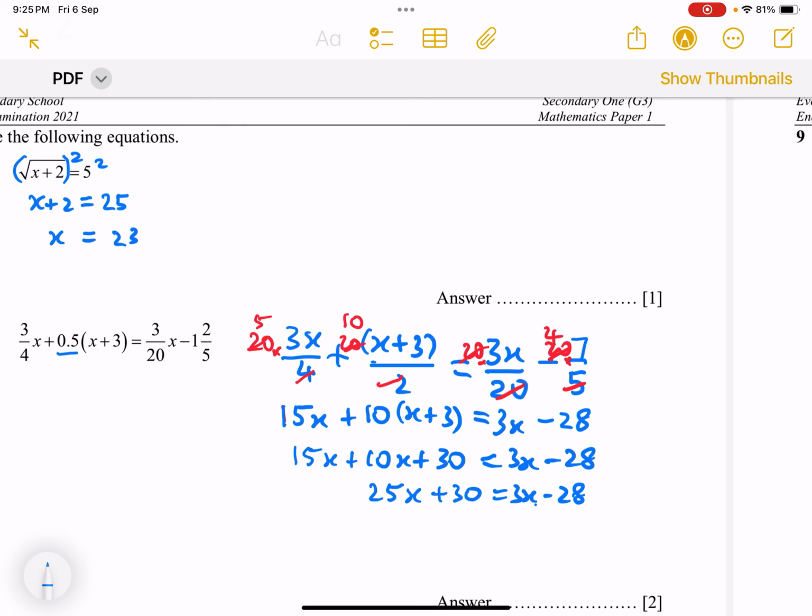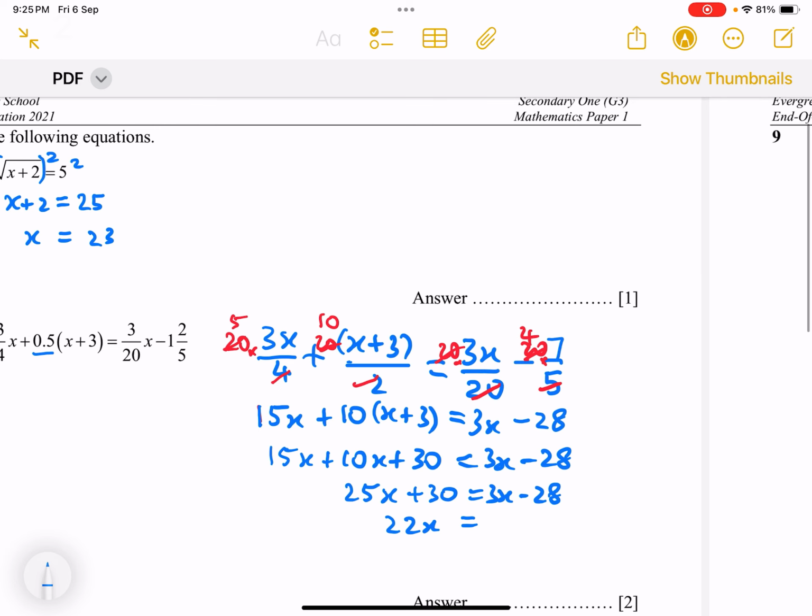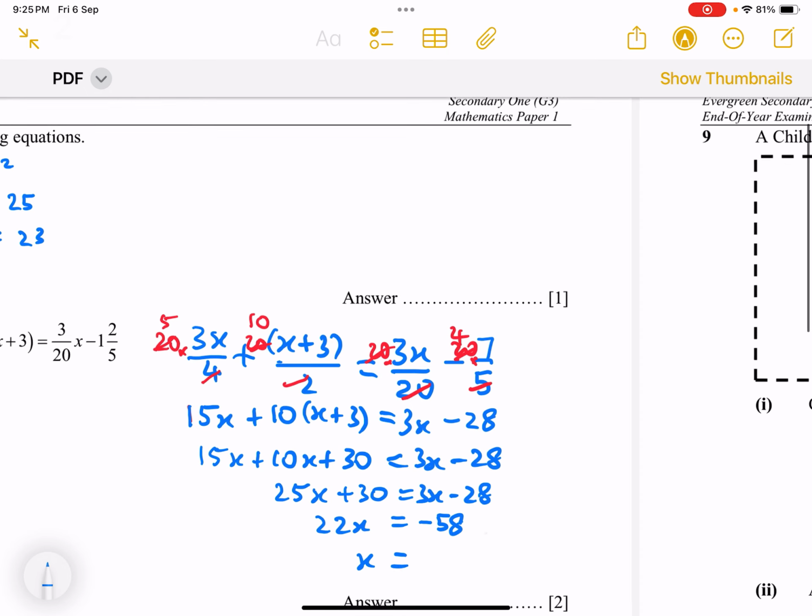So 3x is positive, bring over is negative, so this becomes 22x. And 30 is positive, bring over is negative, so this becomes negative 58. Right, so we divide, and our answer is minus 29 over 11.